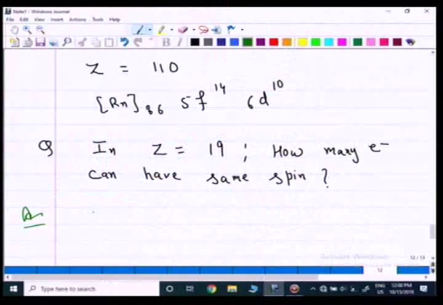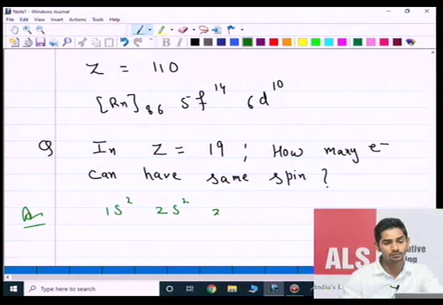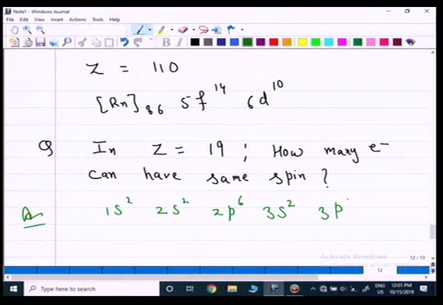I'm writing the electronic configuration: 1s2, 2s2, 2p6, 3s2, 3p6, 4s1. Okay, this is the electronic configuration. So you can consider either positive or negative.